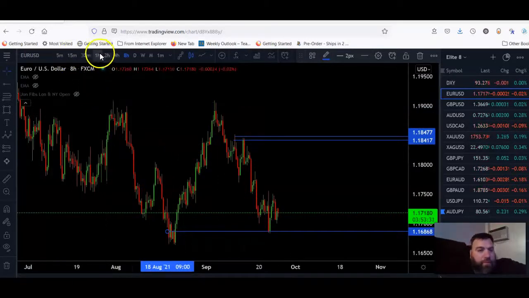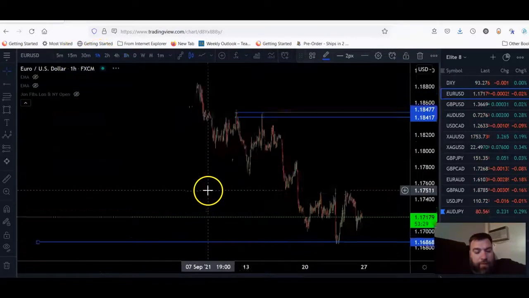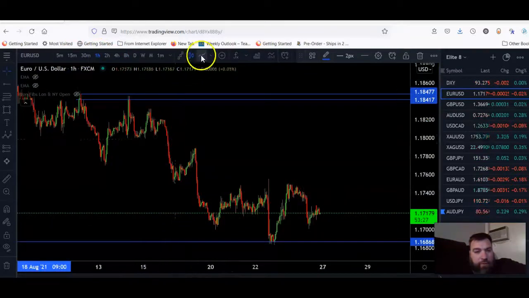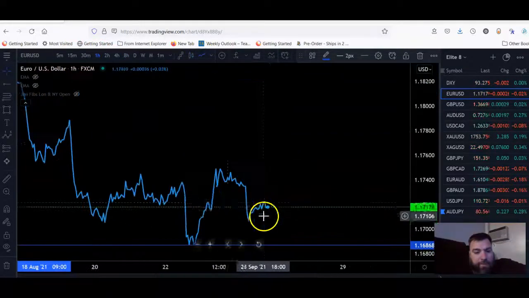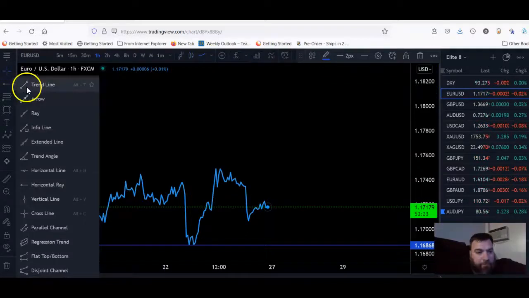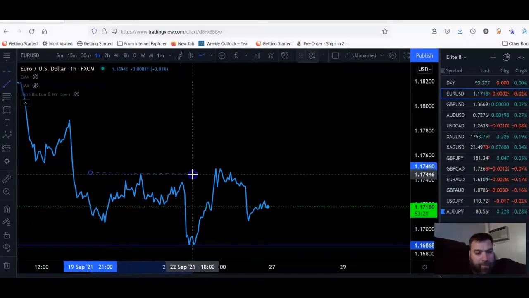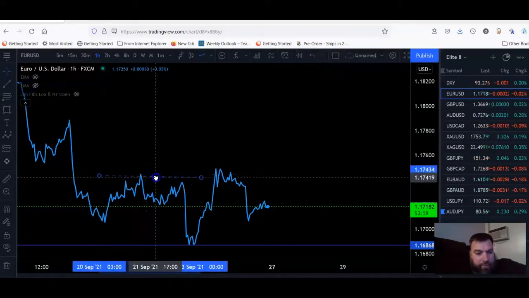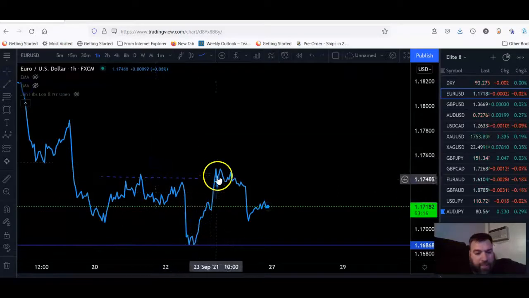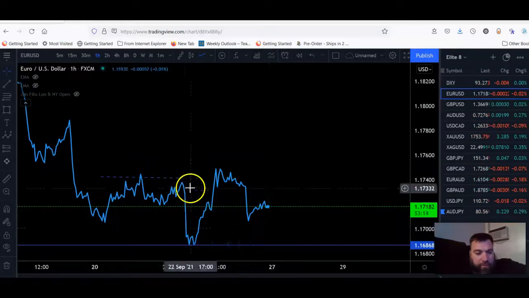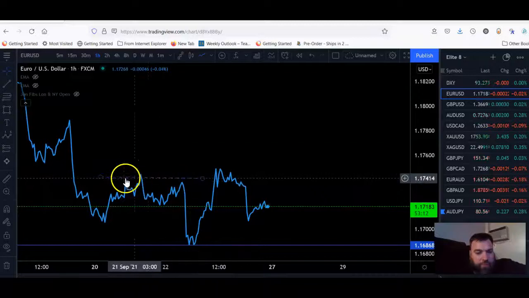So anyways, if you look on the line chart, you have these highs right here. Price breaks these highs, and now it's going down. A broke structure right here.